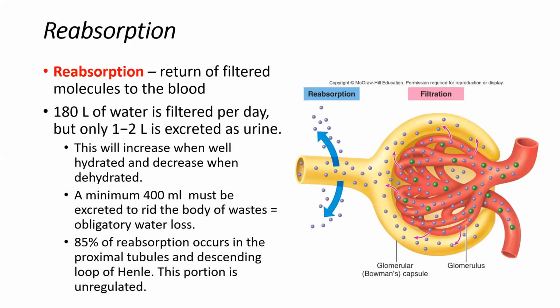So that 1 to 2 liters a day can look very different depending on how much fluid you're taking in. You probably know from your own experience that if you're drinking a lot of water, your urine is going to be more volume, but it's also going to appear clearer, less cloudy, and less concentrated.